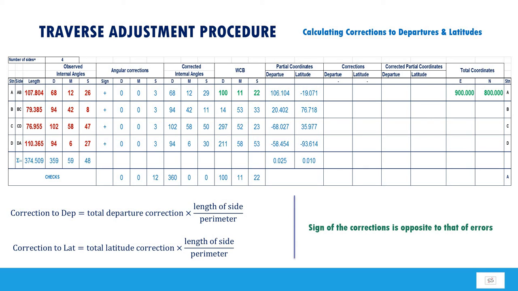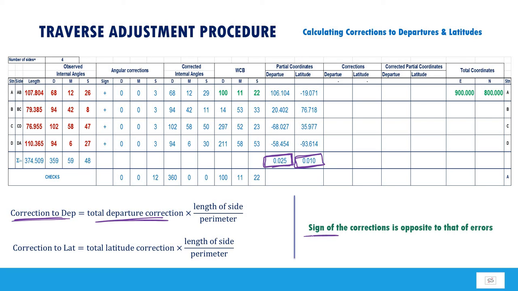These are the relations used for calculating the correction value for each side of the traverse. The correction to departure, for example, would be the total departure correction times the length of the side divided by the perimeter. This is the total error for the departures, and this is the total error for the latitudes.